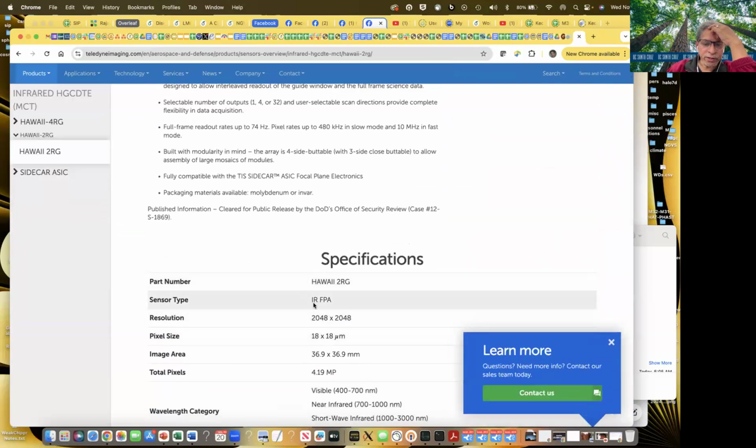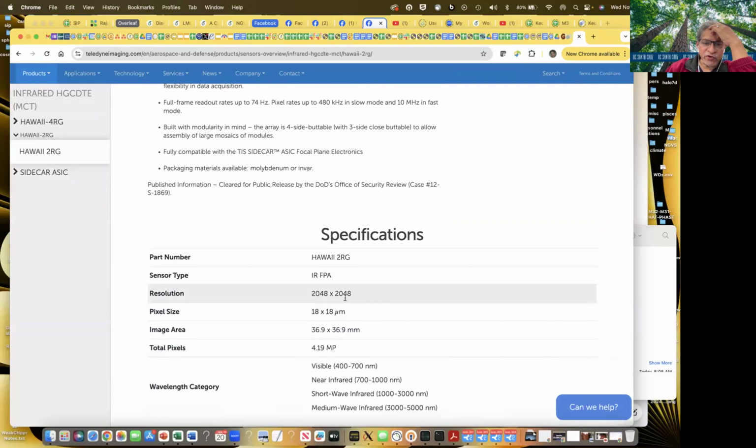Of course, but here we go. Hawaii 2RG. 2048 by 2048 is the number of pixels. But the reason this is a rectangular patch of sky, there's a reason for that. Zhuo, do you know why this is? It's got a square detector, but why are we seeing a rectangular patch?